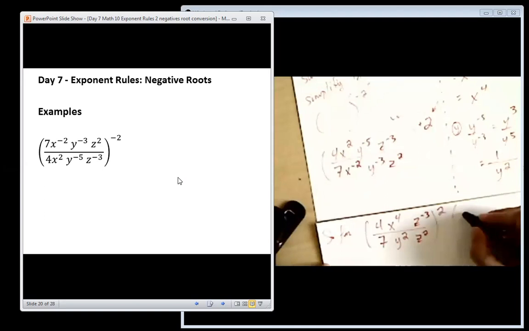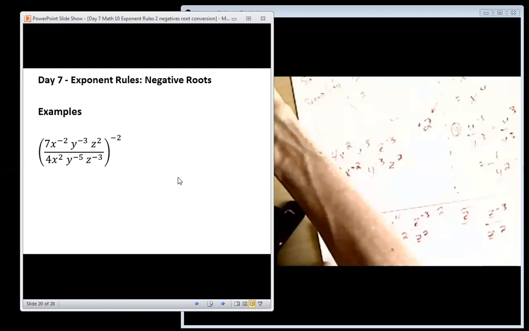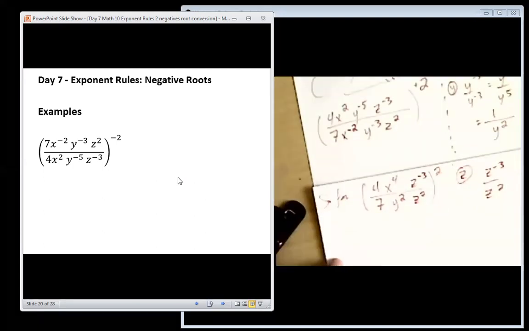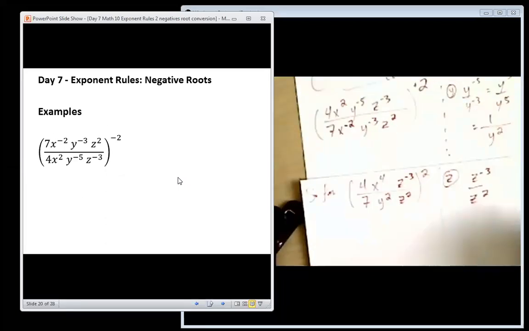Okay, so let's take a look at these z's, these last terms. Z minus 3 over z squared. The bottom's positive already, so we'll leave that one there.